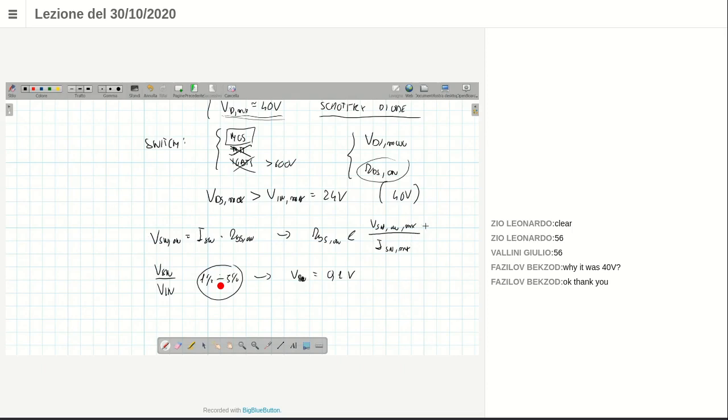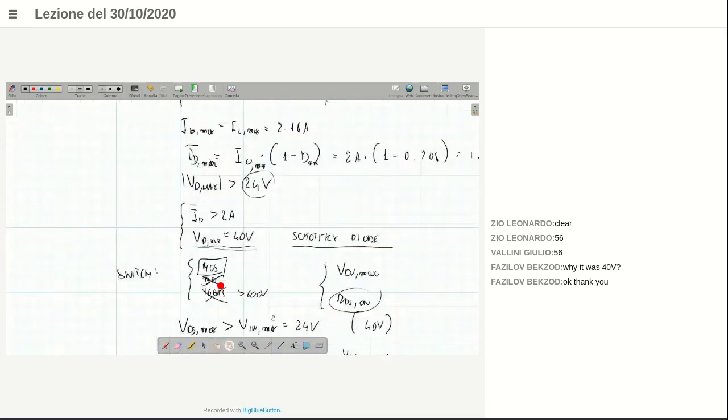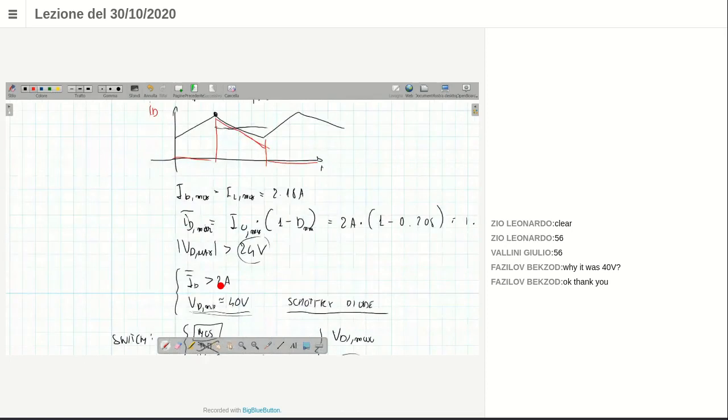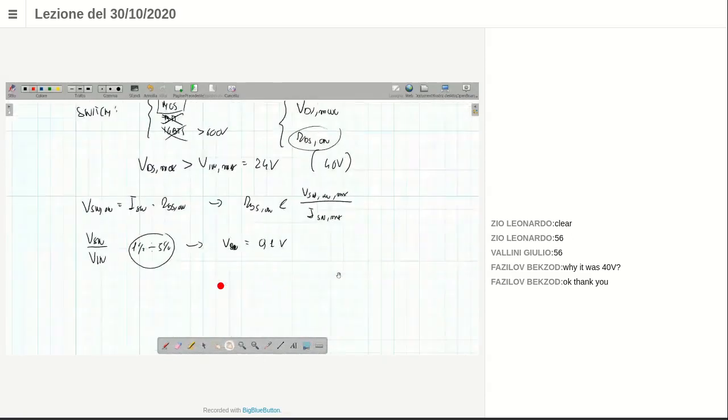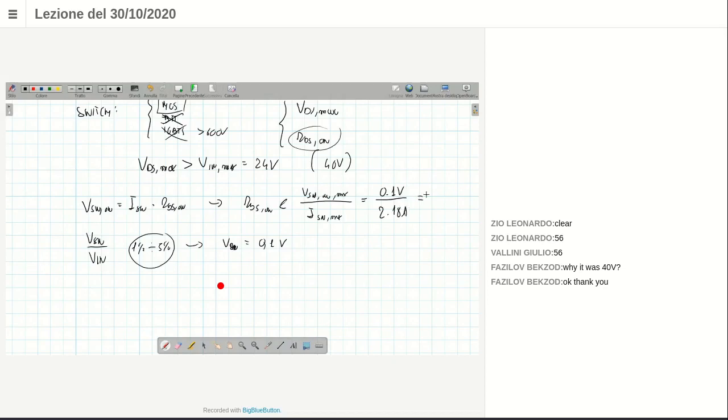The maximum current which can flow through the switch is again the maximum current which can flow through the inductor, the quantity that we have evaluated before, 2.18 amps. From this, we can get 0.1 volts over 2.18 amps, and we get 46 milliohm.